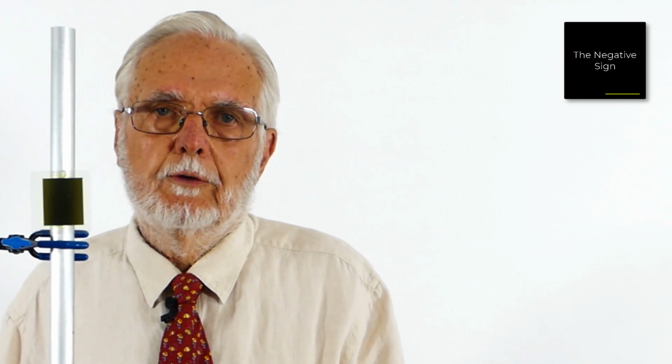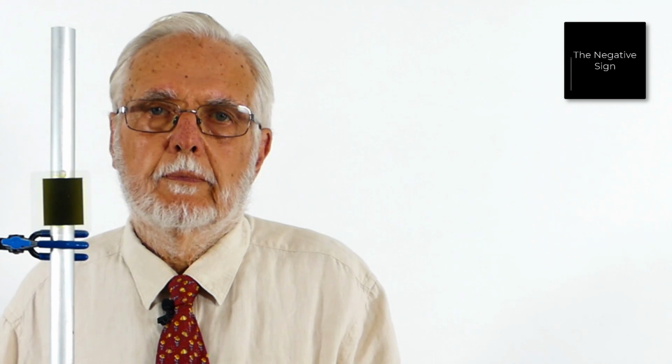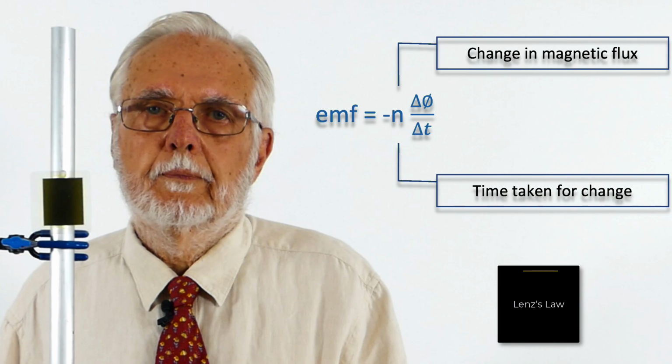What's going on is a three-step process. 1, the magnet produces a current in the aluminium. 2, the current produces a magnetic field that opposes the drop of the magnet. 3, the magnet slows down. This is Lenz's law.